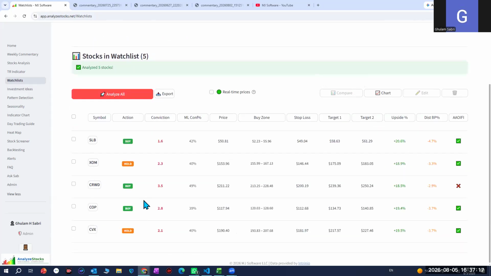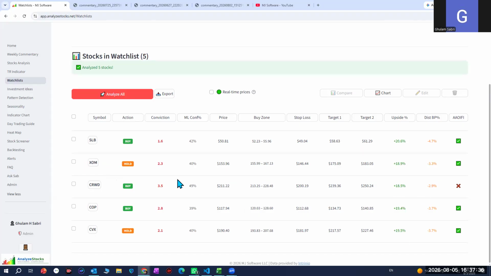It is telling me the conviction score, action, and machine learning confidence score. This is the buy zone. Is this halal or not? And if this is a buy zone, what are the stop loss and targets suggested by the system? And what is the upside?